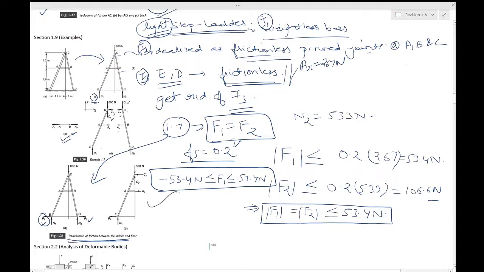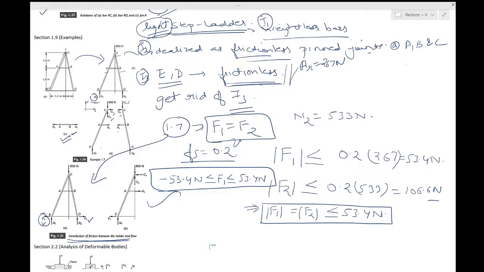Depending on the previous history of the ladder, if you're already trying to push it, what would happen and so on, you have this value of F1. If you were trying to open the ladder or close the ladder, then the sense of friction would change, and that's where this is coming into the picture.